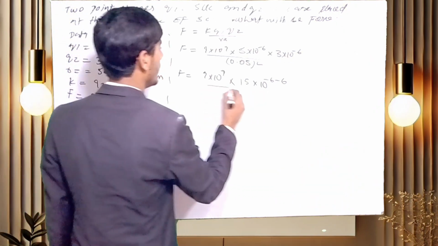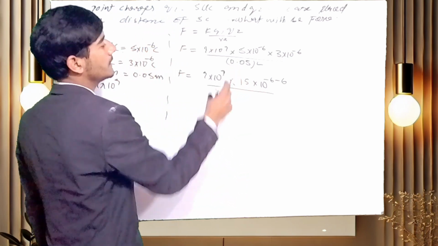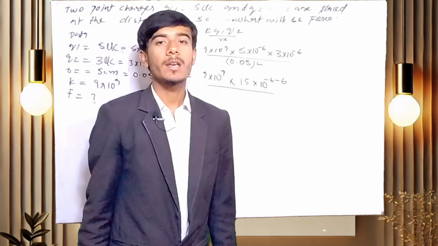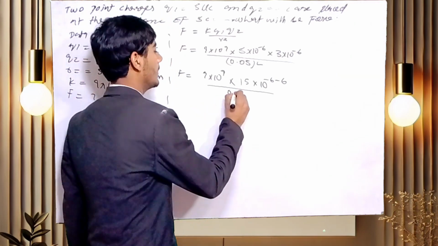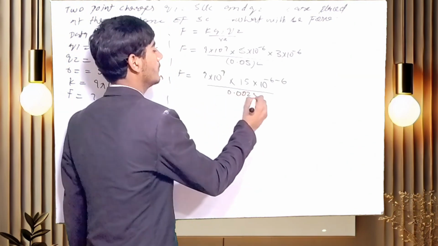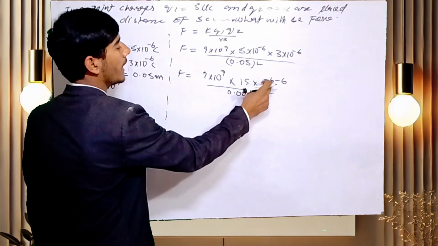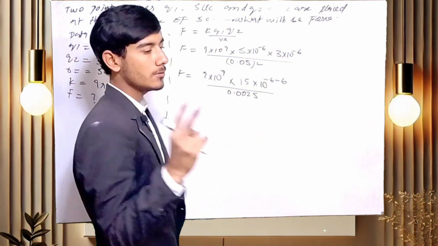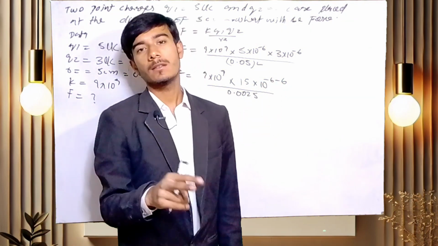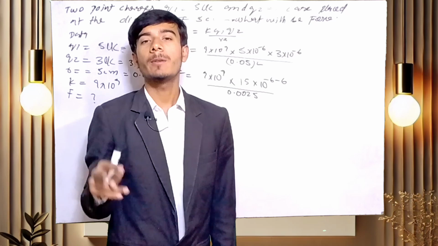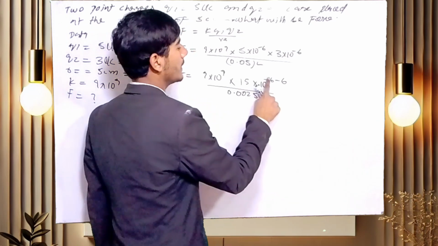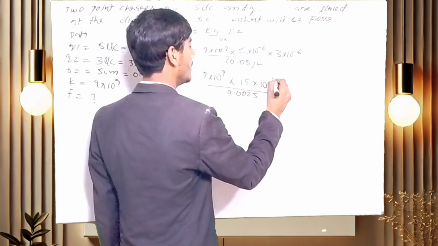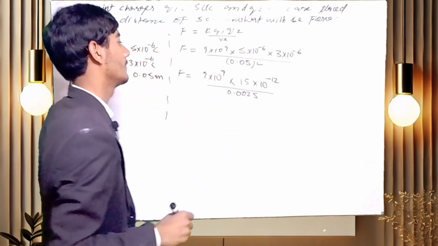Divided by, if you square 0.05, this will be 0.0025. Now if I add minus 6 and minus 6, both negative, they will be added, but the answer will be negative: minus 12.